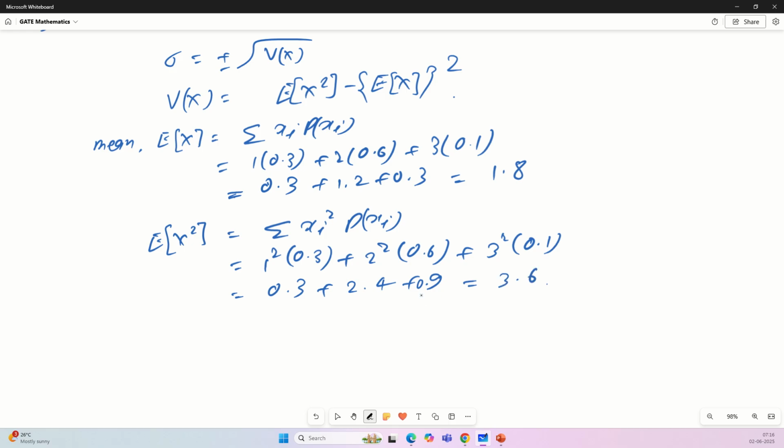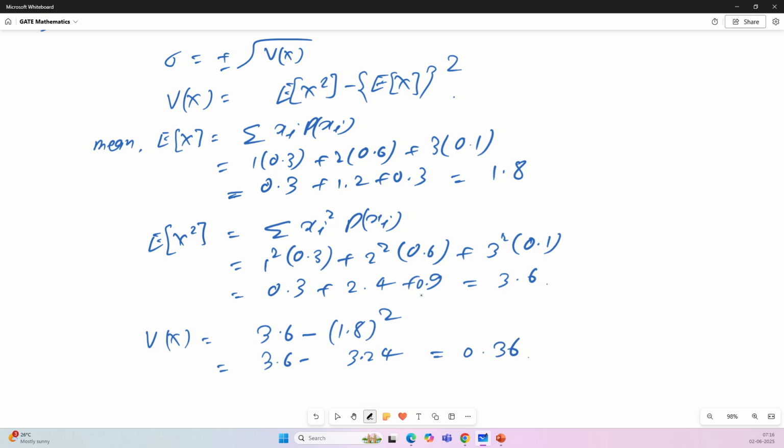So what will be my variance? Variance V of x is equal to expectation of x square minus expectation of x whole square. That is 3.6 minus 1.8 whole square, which is 3.6 minus 3.24, giving 0.36.